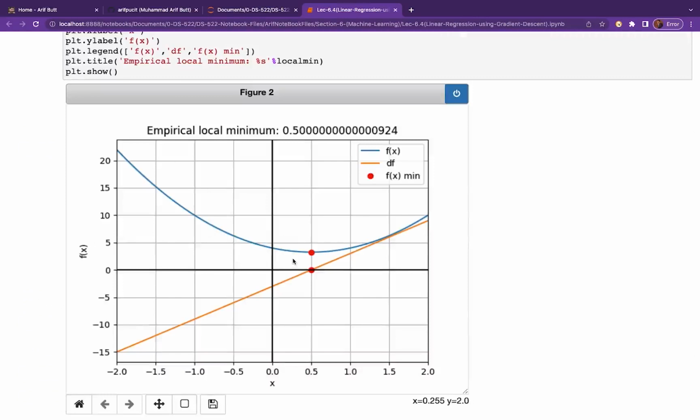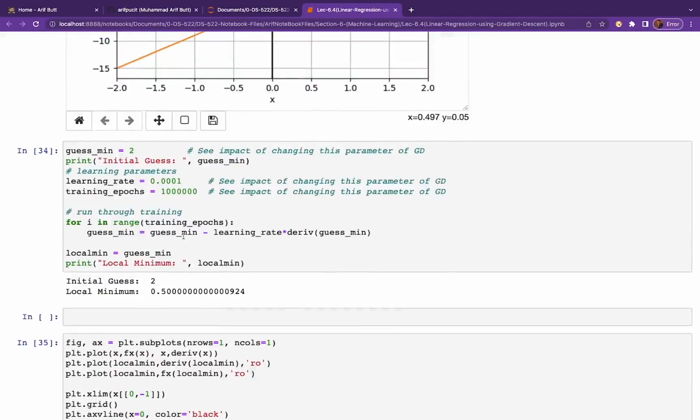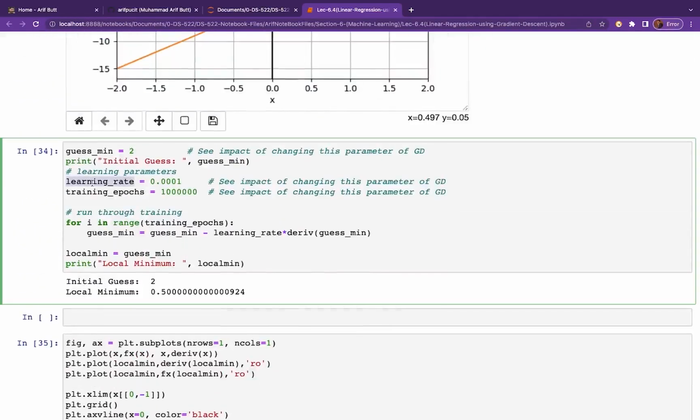My dear friends, before you move ahead, please make it your habit to play around with these hyperparameters, and these are the learning rate and the training epochs, which have a direct impact on your results. And of course, the initial starting guess also has an impact on the final result you will get.